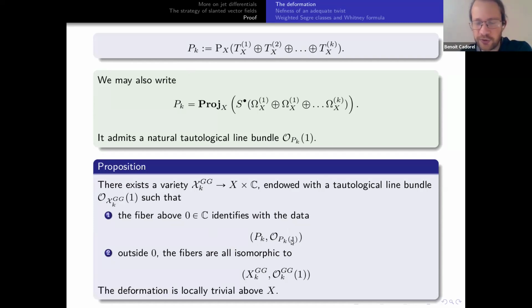And the deformation is also locally trivial above X. So locally above X, you don't have any change of coordinates to do, so you can directly trivialize on J_kX, and this construction doesn't do anything then.